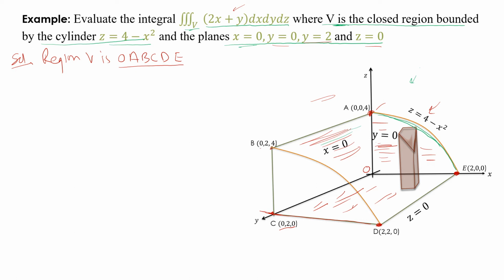So first we write the limits of integration, starting with z. Suppose we take a small part of that region. Then z varies from 0 to, on that surface, the equation of that surface, 4 minus x square. So z varies from 0 to 4 minus x square, right?